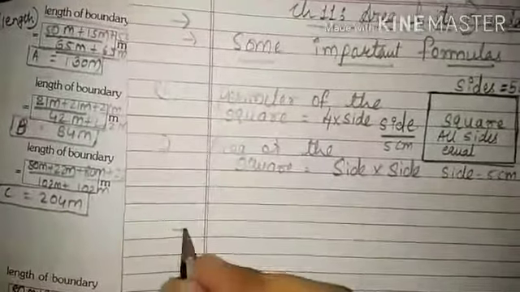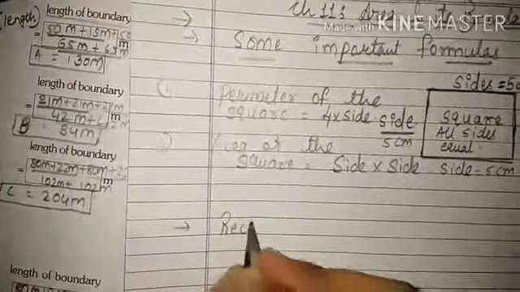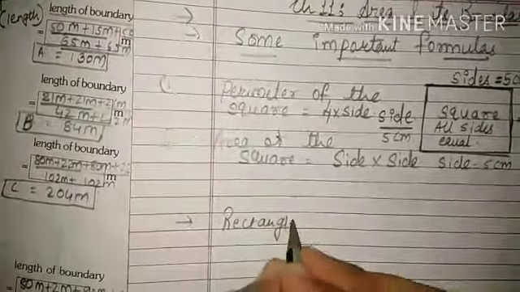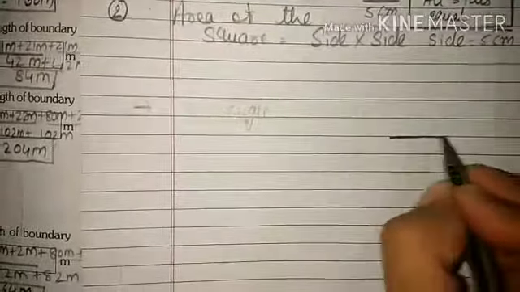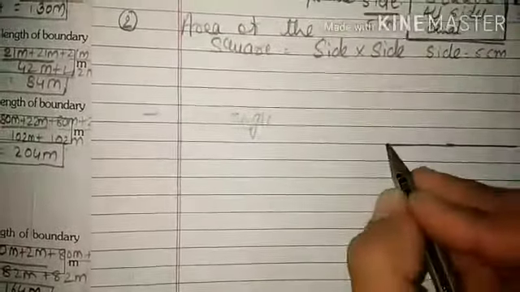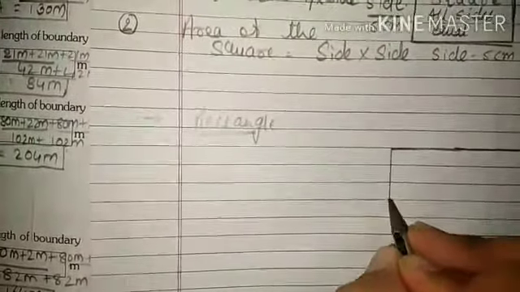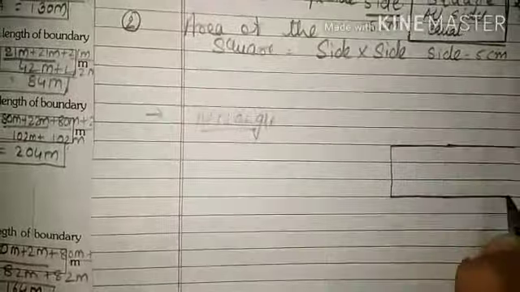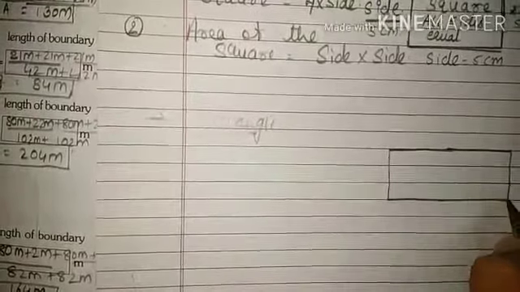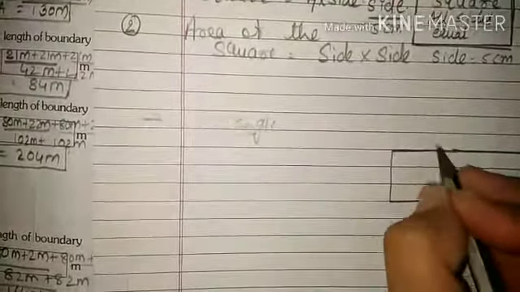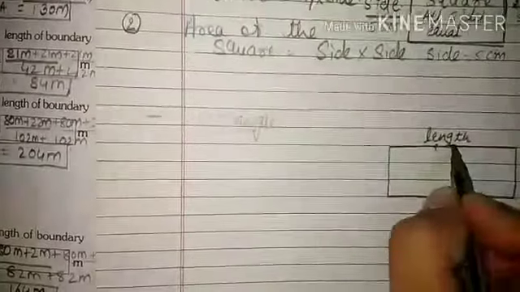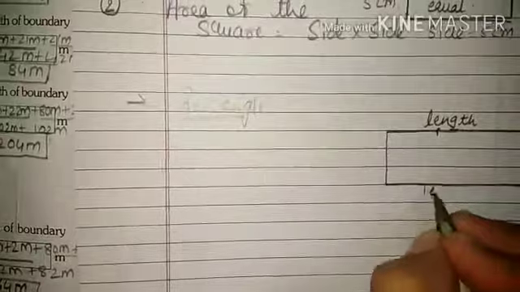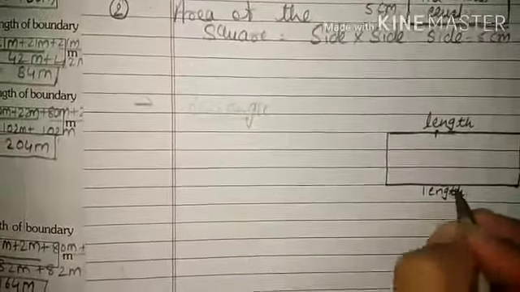Now another, I will mark the topic as rectangle. So students, you know the difference between a square and a rectangle. In a rectangle the opposite sides are equal. I have drawn one rectangle here, so this can be known as the length. The opposite of this side is this one, so this also should be the length of the rectangle.